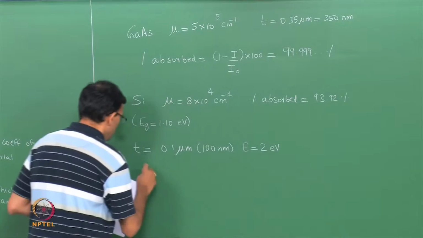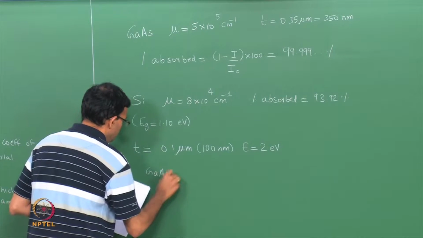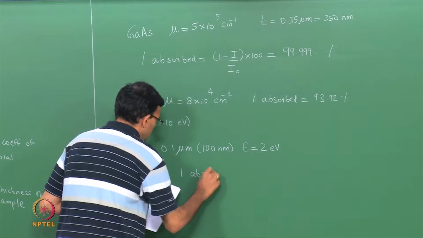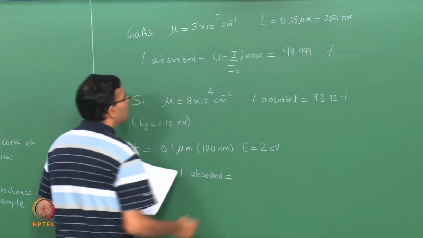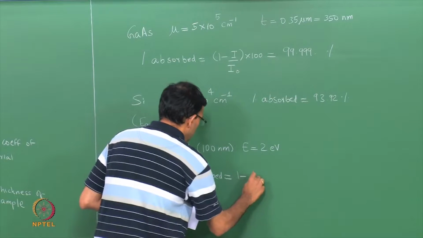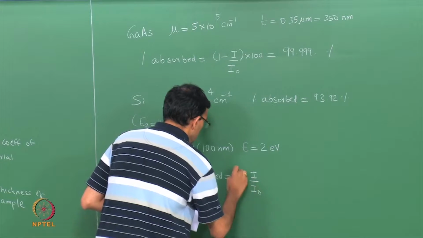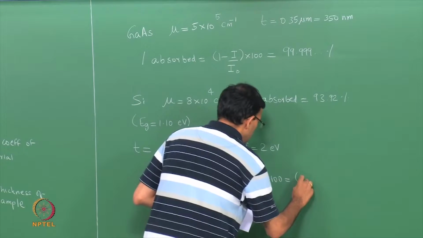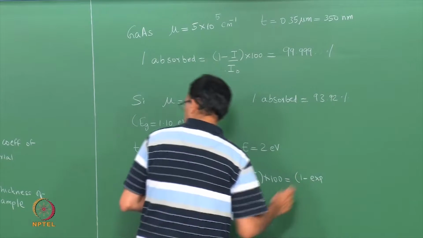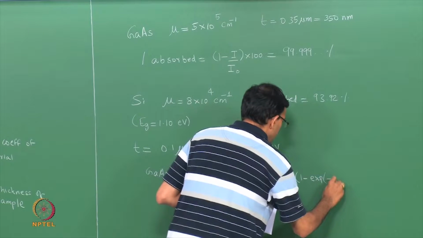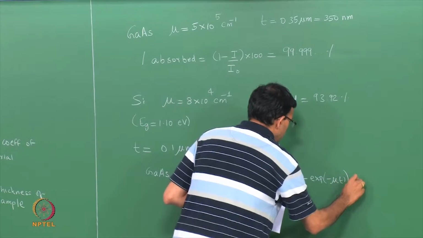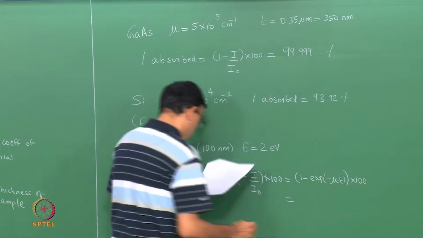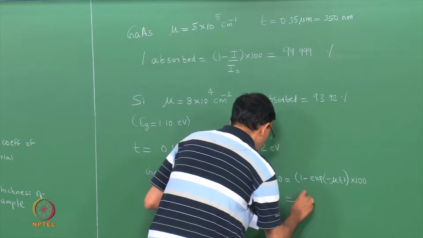If you do that for gallium arsenide, the percentage absorbed is 1 minus exponential minus mu t times 100, and this is 99.3.